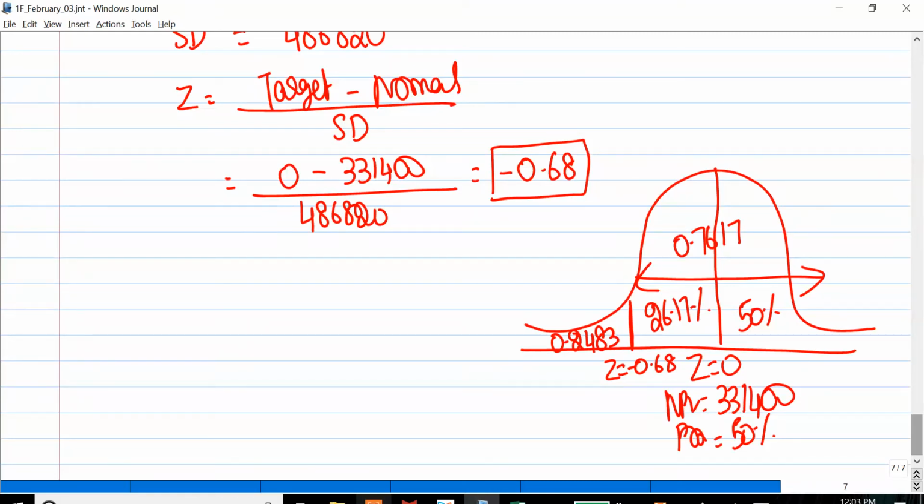Okay, now write few points. Z of minus 0.68 corresponds to 0.2483.